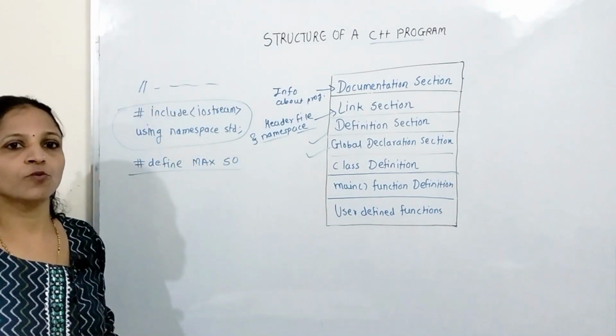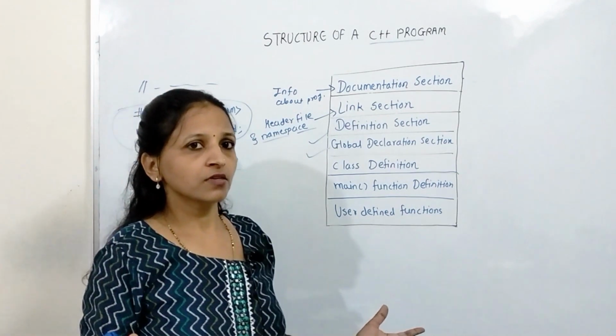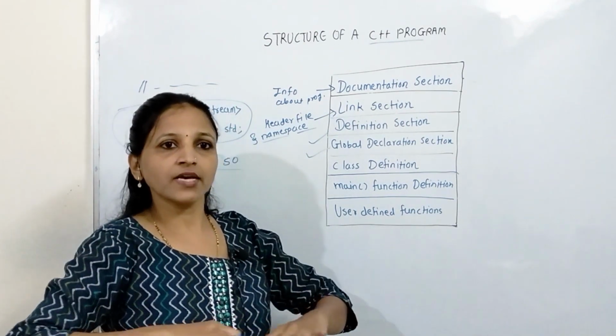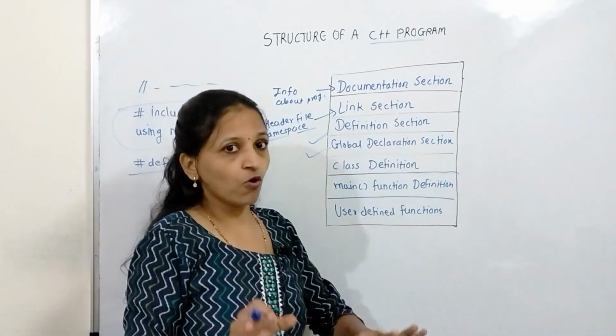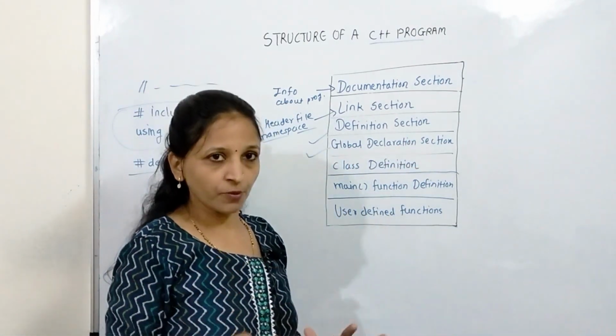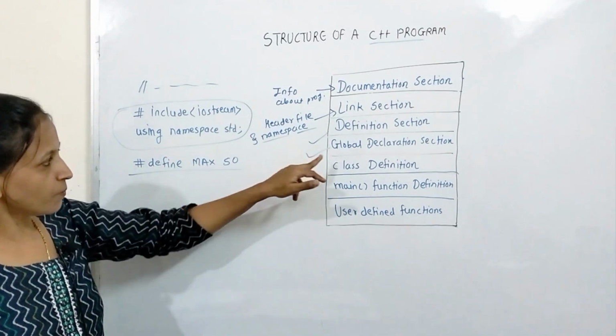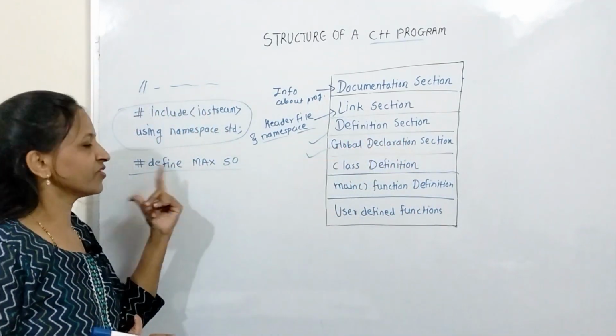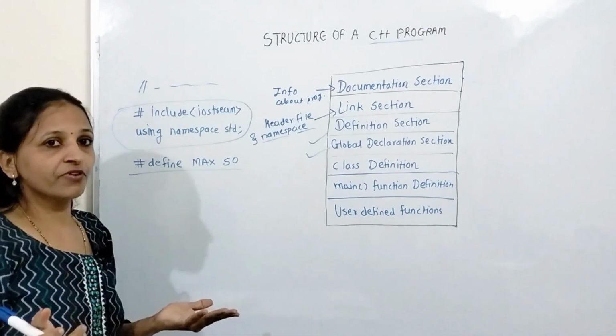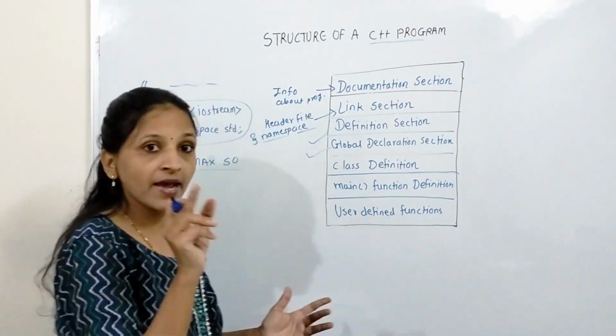Global means accessible to all. That's it. And if you want to define any global variable in your program, you can do that with the help of the global declaration section, and you have to write it over here after the definition section.